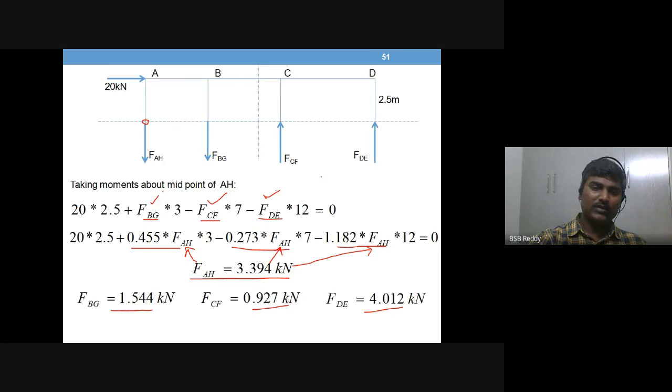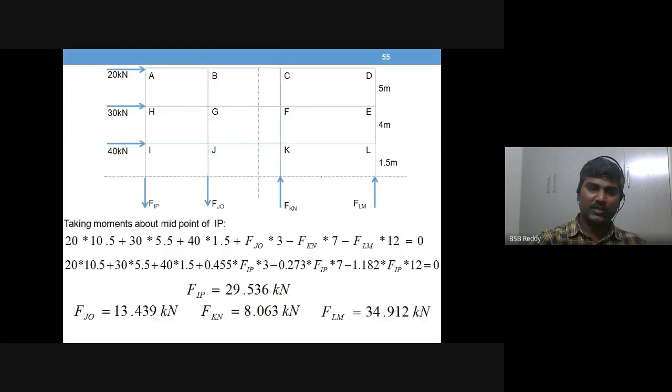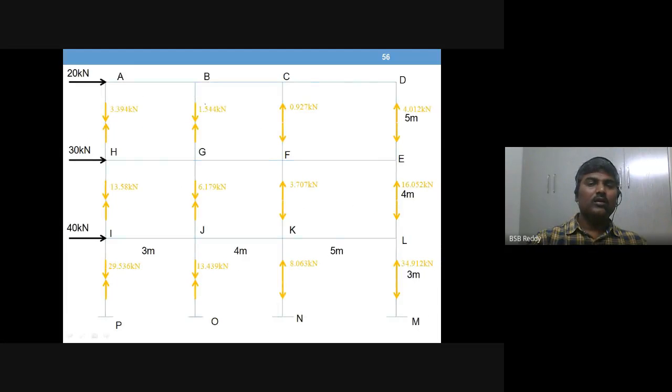Let's see how it is being represented in the diagram. You see, look only at this half of the diagram that you have taken. So downward 3.394, downward 1.544, up 0.927, up 4.012.